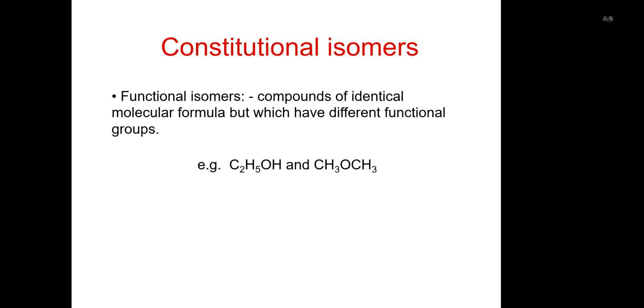Similarly, aldehydes and ketones are also functional isomers. They also react differently. For example, aldehyde has a reducing ability, while ketones don't have this reducing ability, right? So to conclude, there are 3 types of constitutional isomers.